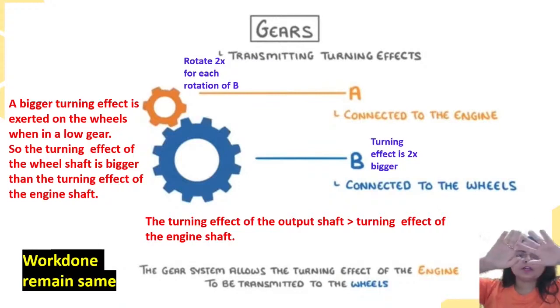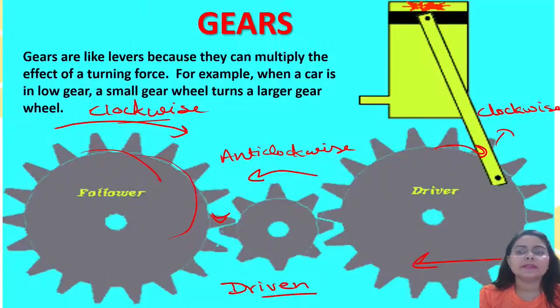If they are doing an upward motion like this, or a downward motion like this, the rotation of the shafts will be opposite to each other. If one is doing a clockwise rotation, the other will do an anti-clockwise one.